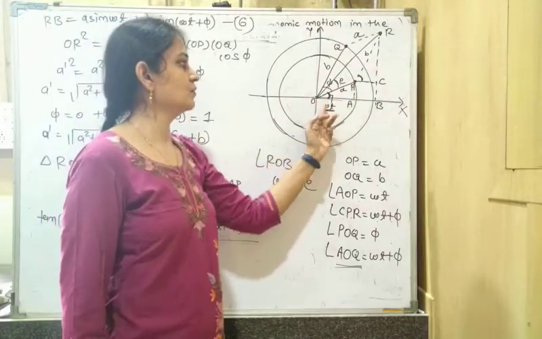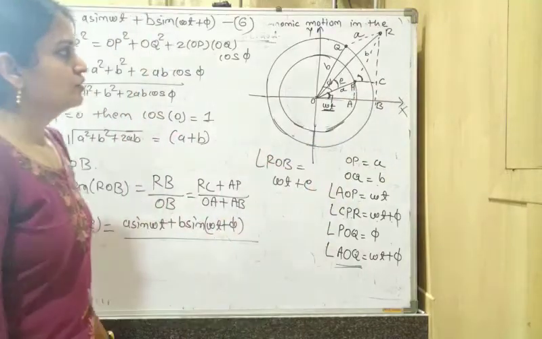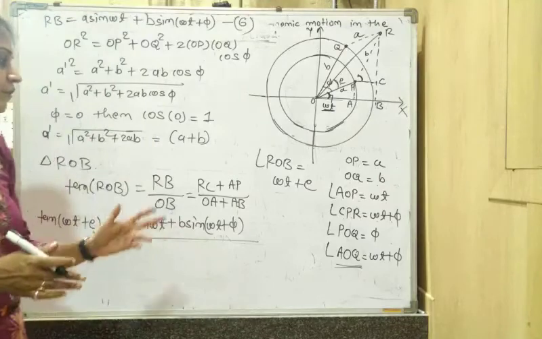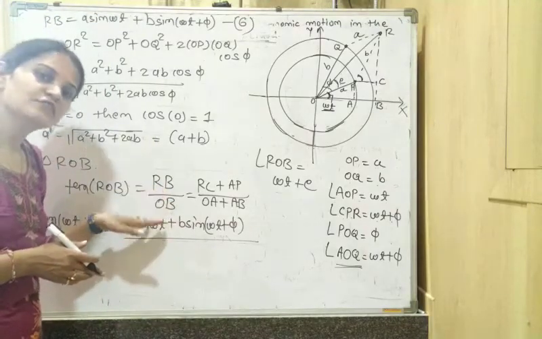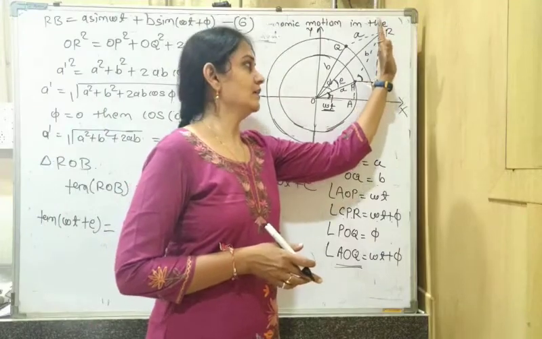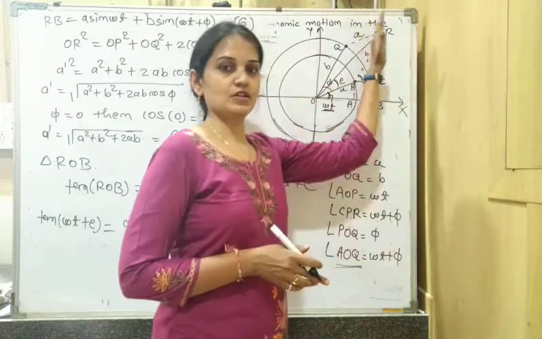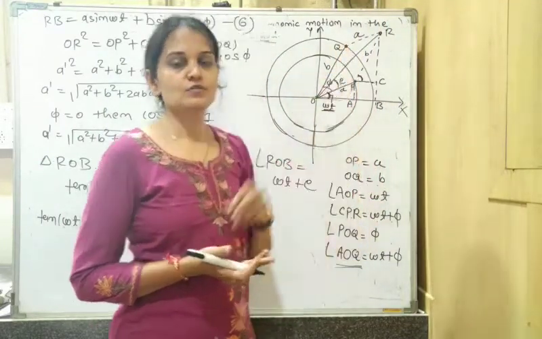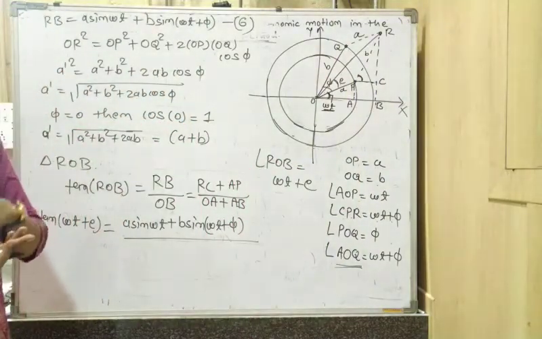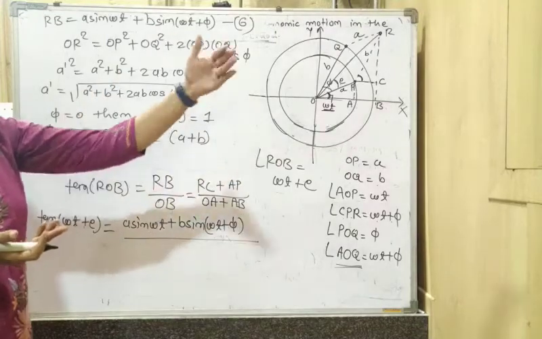So the same procedure we are doing for RB, we have to calculate for OB, because this is the Y projection and this is our X projection. So similar, no need to derive an equation for OB.